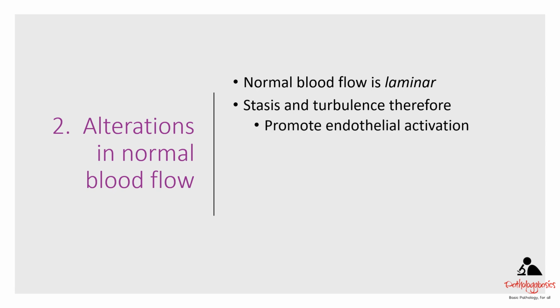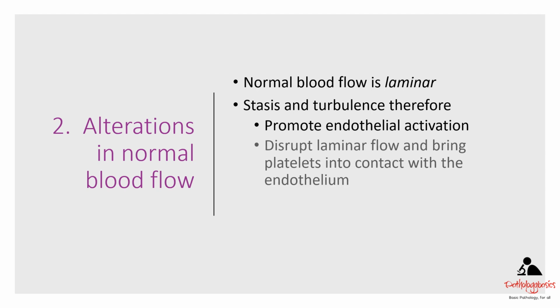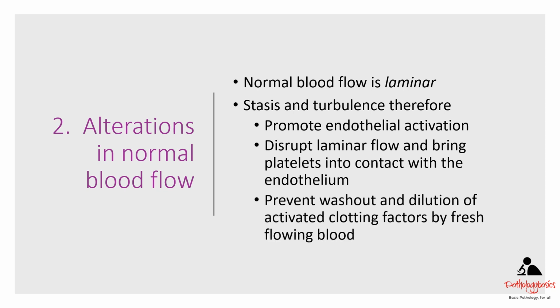What does stasis and turbulence do? It promotes endothelial activation. So the endothelial cells become activated. It disrupts the laminar flow, as a result of which the platelets, instead of flowing through the center of the blood vessel, come along the endothelium, they come in contact with the endothelium. Also, after the clotting has happened, this disruption in laminar blood flow prevents washout and dilution of the activated clotting factors.